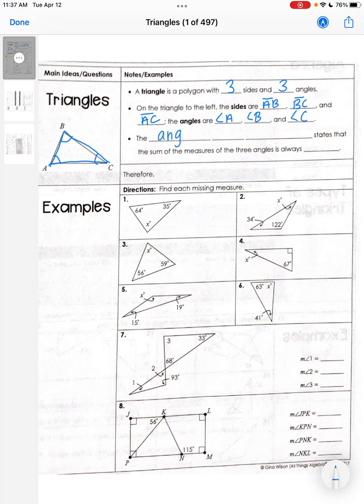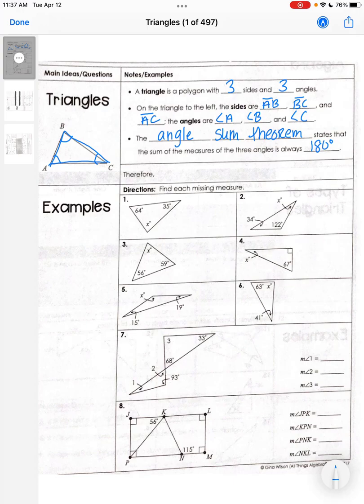The angle sum theorem states that the sum of the measures of the 3 angles is always 180 degrees.